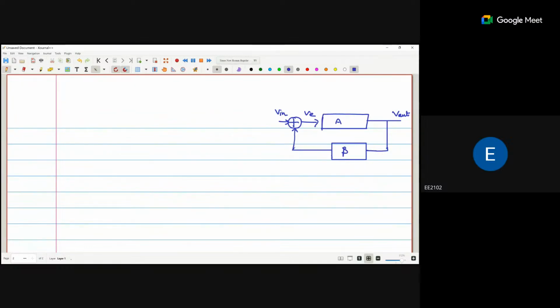If we take the output V out, some part of the output is fed back to the input to get a controlled output. That is called feedback. In this block diagram, we take the output, multiply it with a factor beta, and add this feedback factor to the input to reduce the error signal, or we say to control the output voltage. That is the feedback.